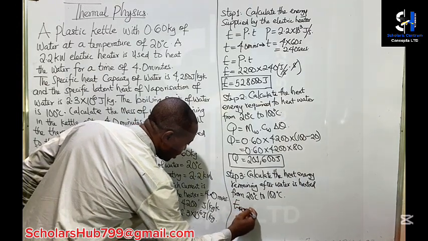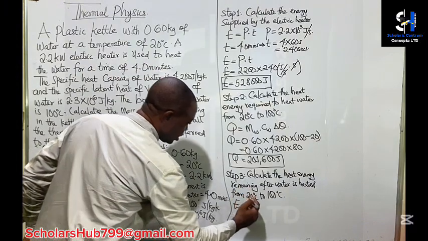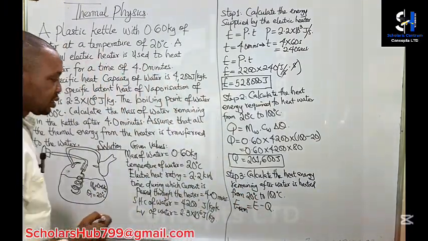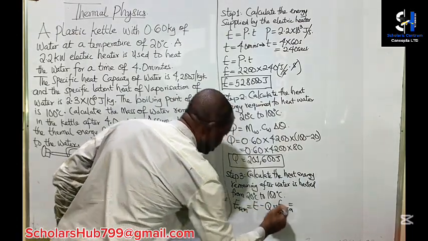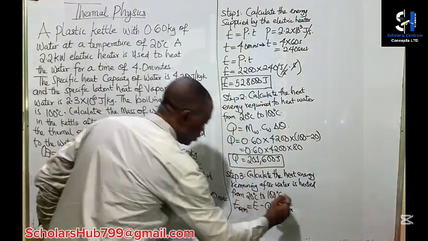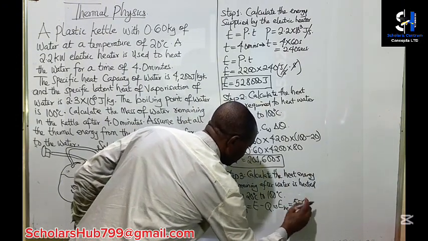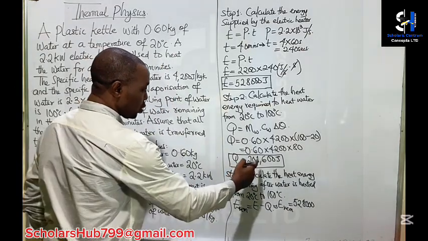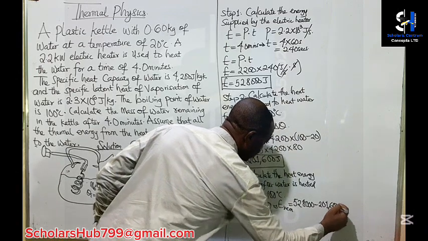So the energy remaining will be equal to this energy minus Q. So we have 528,000 minus 201,600.